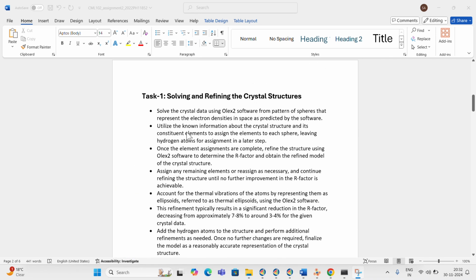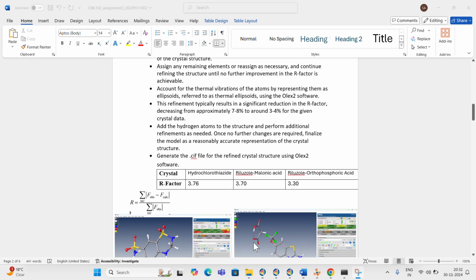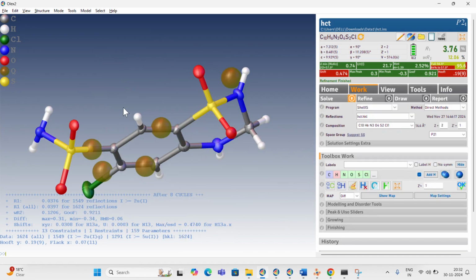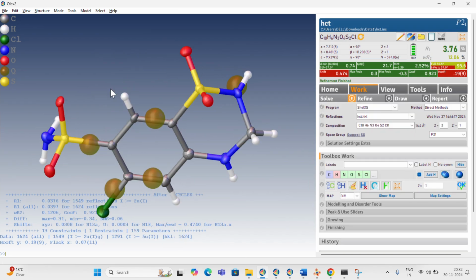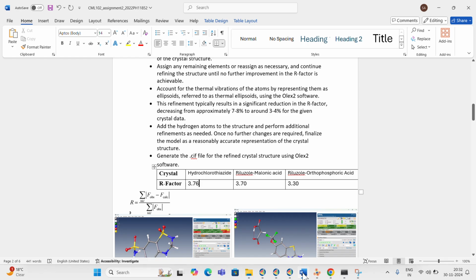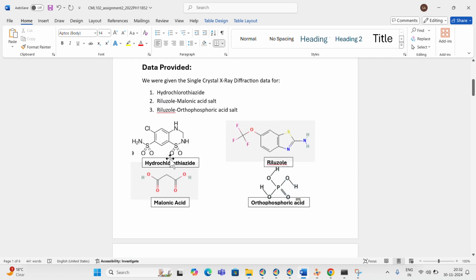And for the task 1, we will use OLX2 software. As you can see, this is for hydrochlorothiazide structure. In this, we can use knowledge from the structure, in which position our carbon, chlorine, sulfur, nitrogen, etc. are present.